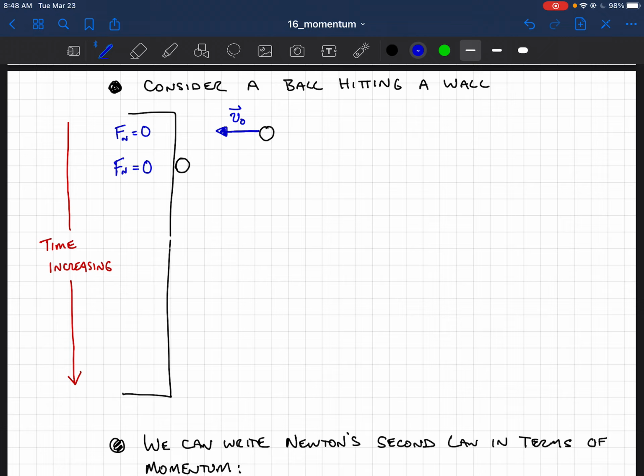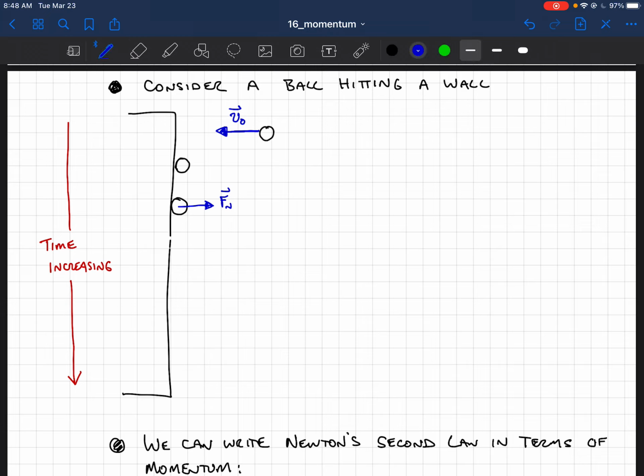And what I'm doing here is saying as time goes by, this is what's happening to the ball. And then it makes contact with the wall, and it starts to feel a force. So there's some normal force Fn now. Let's try and be a little more careful.